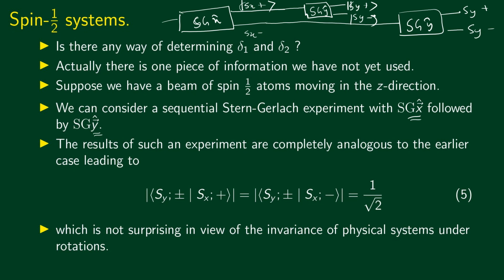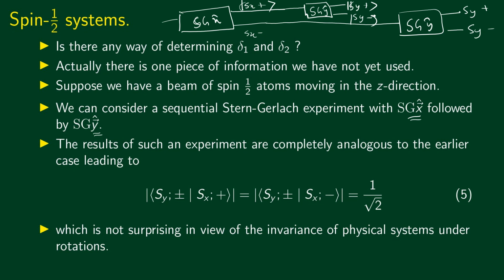Let me write these kets here. So we say that the probabilities are equal. Using the probability postulate we had, if I take a beam of Sx plus and measure the spin along the y direction, the probability that I'll get plus h bar by 2 is one half, and the probability that I'll get minus h bar by 2 is also one half.